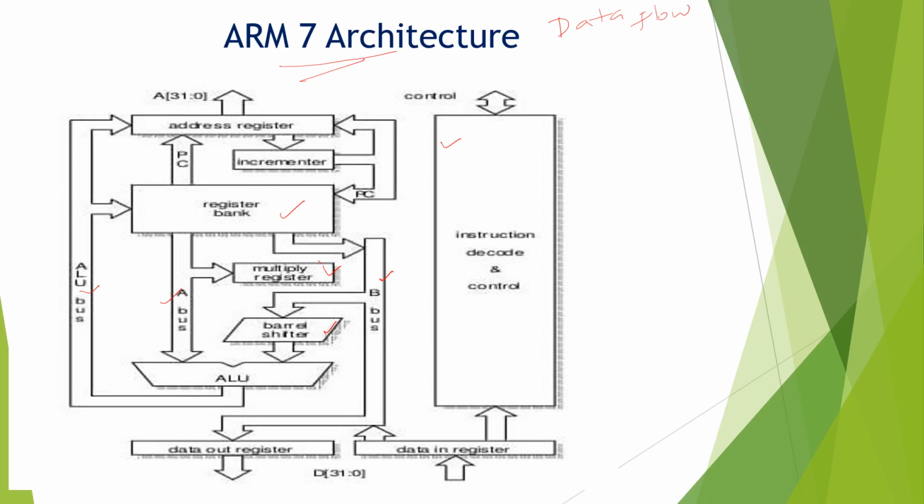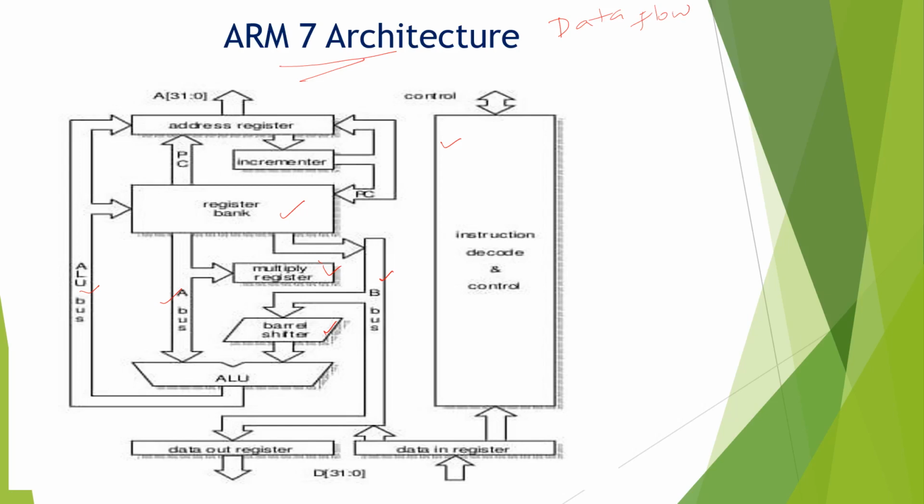It also goes to the data out register, and the B bus carries data from the data in register. And see here one functional unit, instruction decode and control. In this architecture we are going to discuss how the data flows in and out and operates between all the functional units through buses.